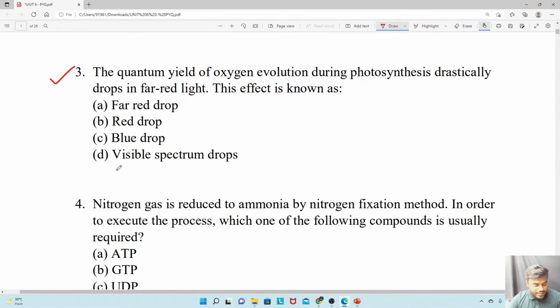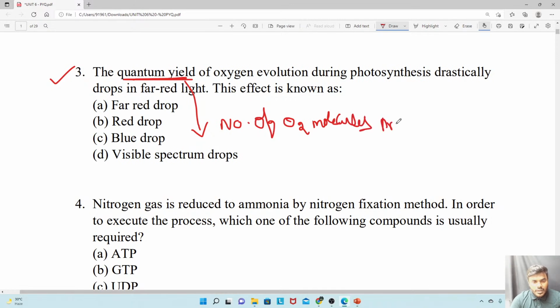Oh, that's great. So friends, let me first define what quantum yield is. Every student remember, quantum yield means the number of oxygen molecules produced per photon absorbed.